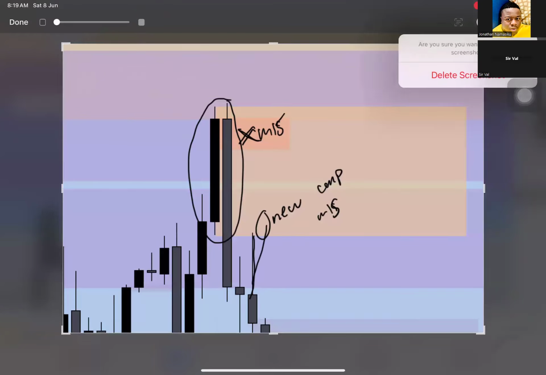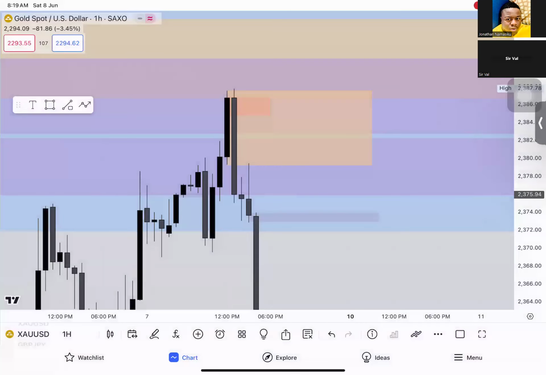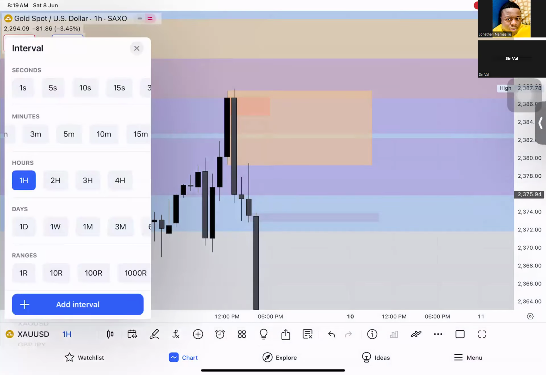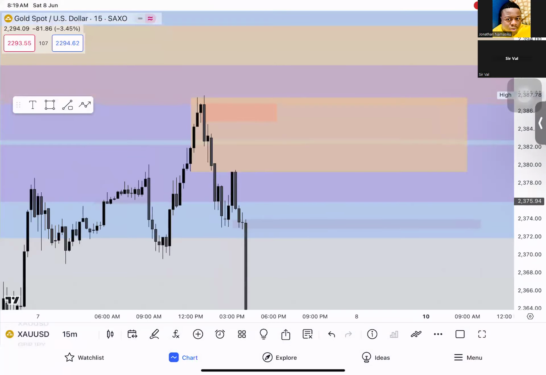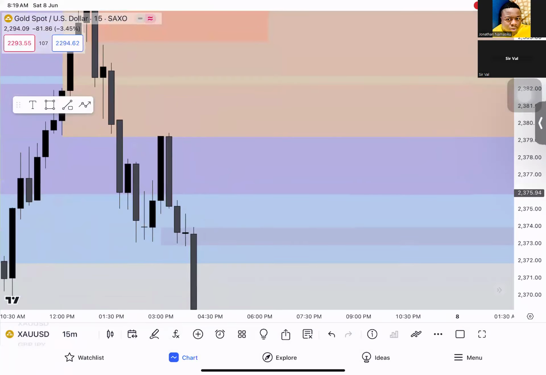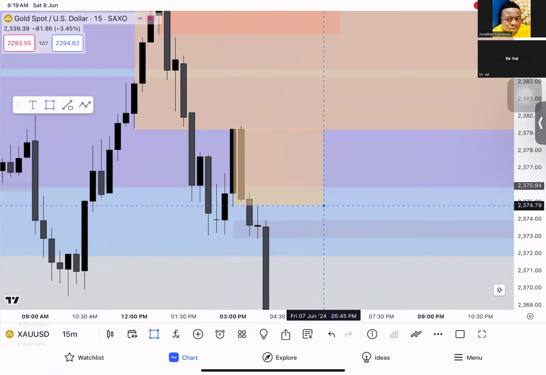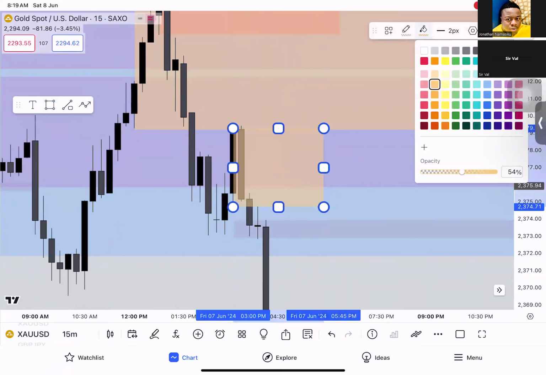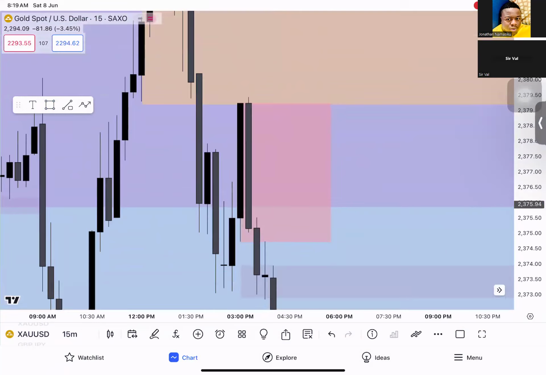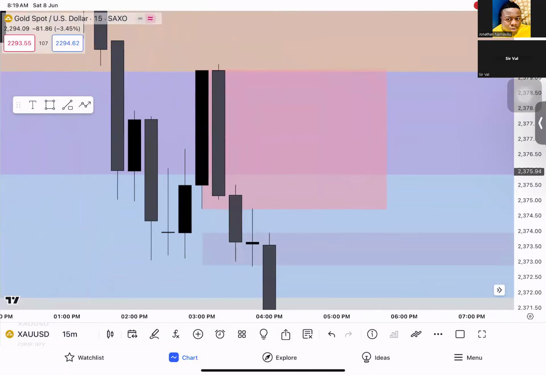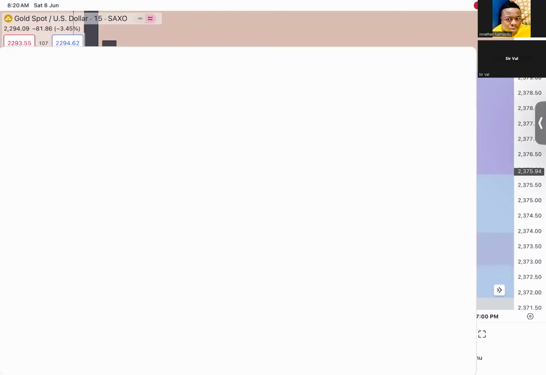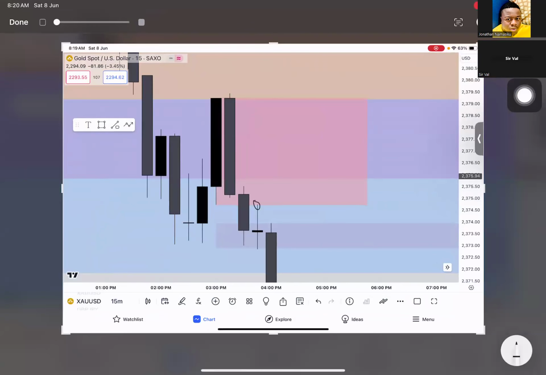Okay, so now price has pulled back. What we want to check is whether there is an M15 or not. Yes, there is. Very nice entry. So here I have an H1 and M15.